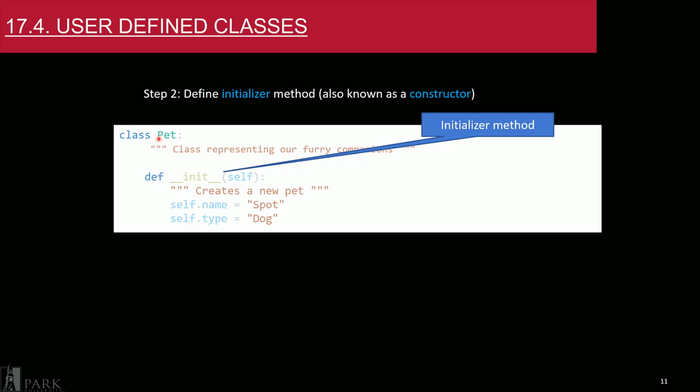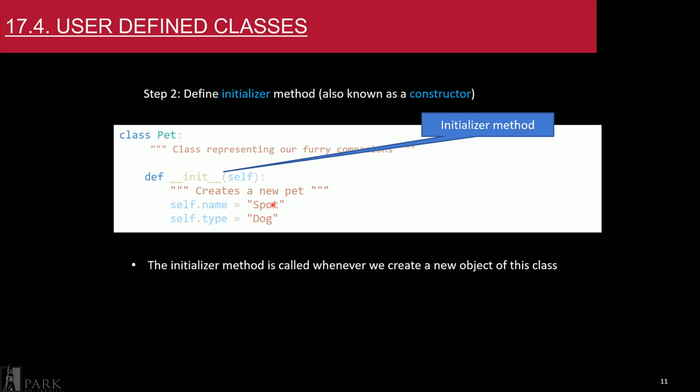So when we create a new pet, this is going to initialize that pet. Here we have our self.name defaulted to Spot, and our self.type initialized to dog. This method is called automatically whenever we create a new object of the class.